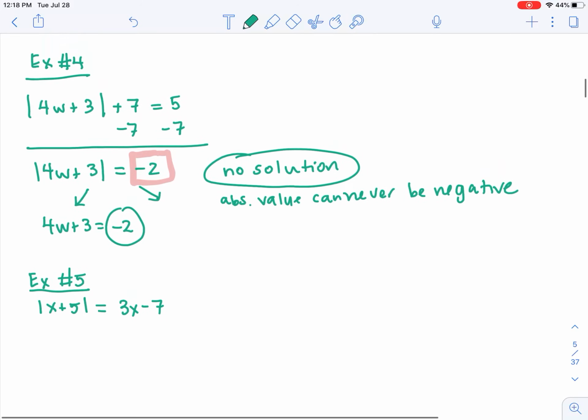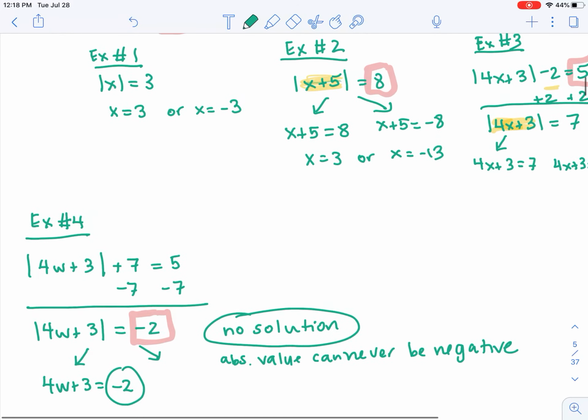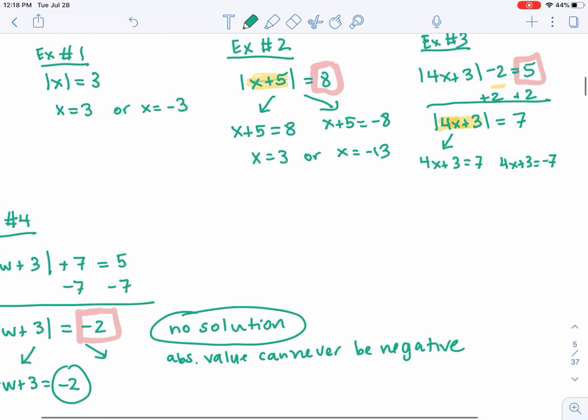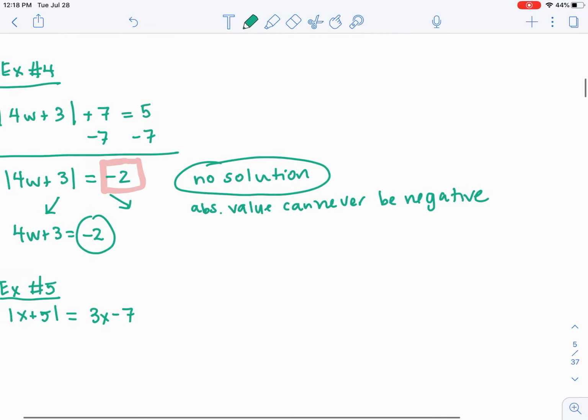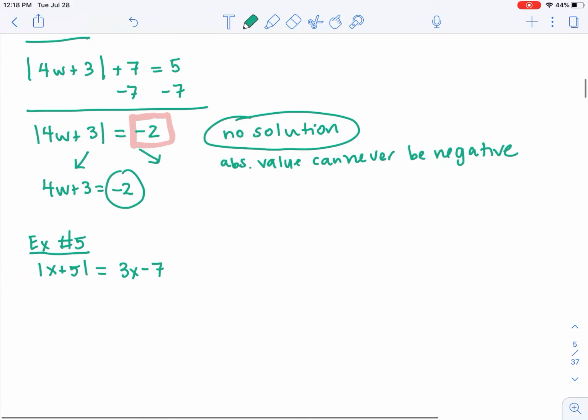So as opposed to the problems above, where the right-hand side that I highlighted was just all numbers, we have absolute value expressions set equal to an expression on the right-hand side that also has variables in it. So it doesn't really change much. We still take what we have in our absolute value x plus 5, and we set up two separate equations.